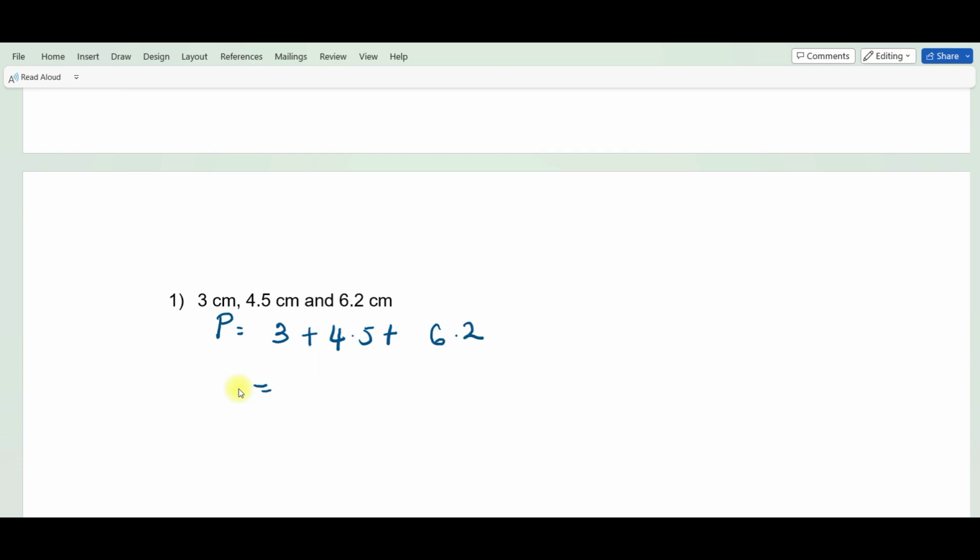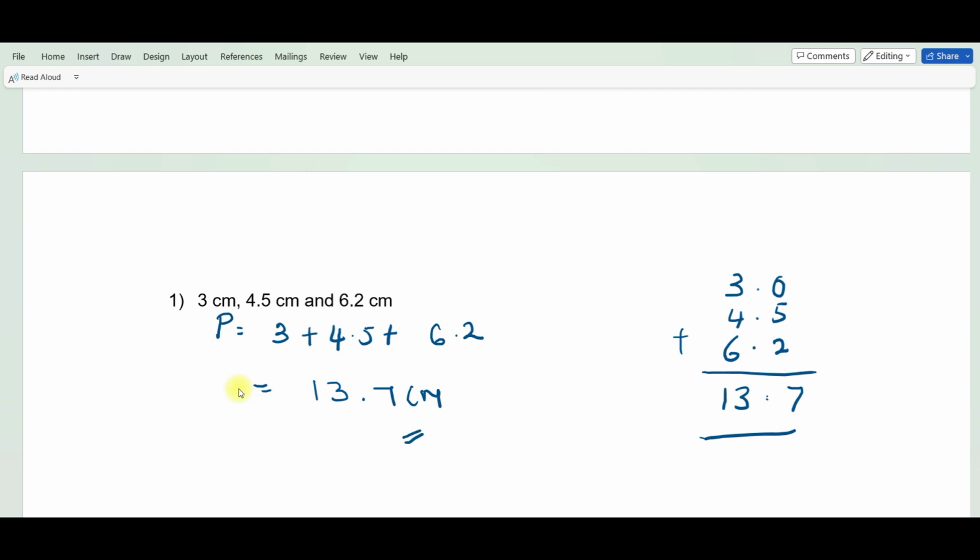So you have 3, 4.5 and 6.2. I have nothing here, so I just consider 0. Now I add this up. I have 7 this side and 13 this side. So it is 13.7 centimeters. So the perimeter of the triangle is 13.7 centimeters. This also covered whole numbers and decimal points as well.